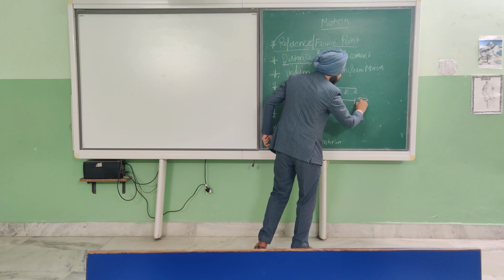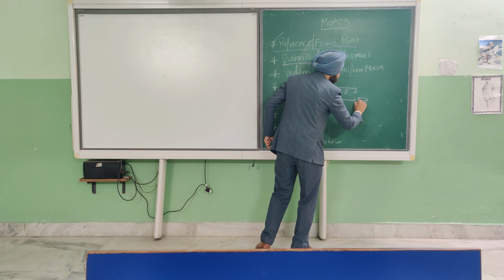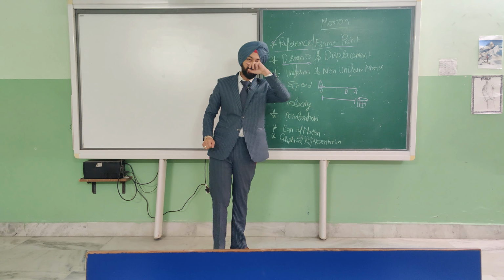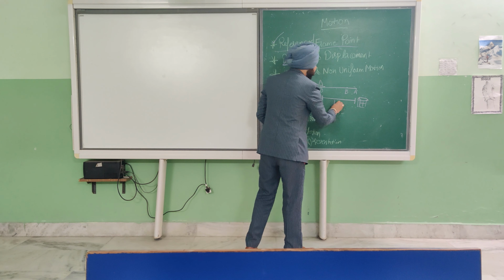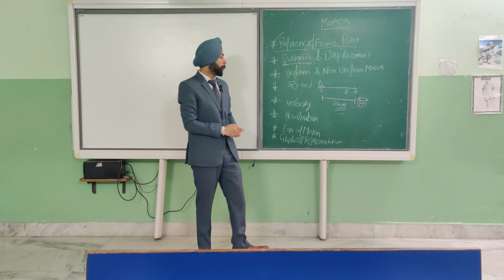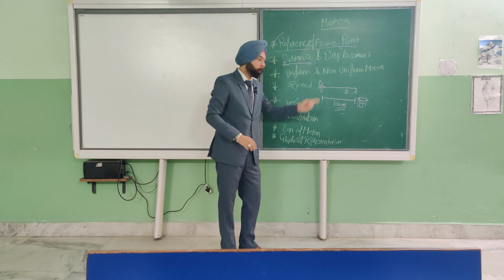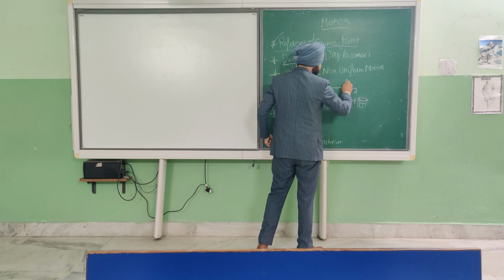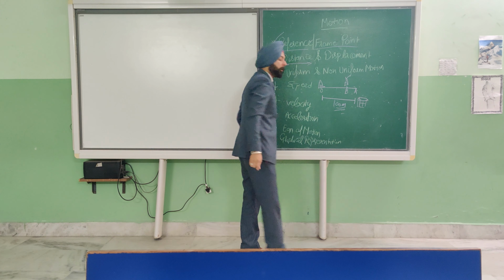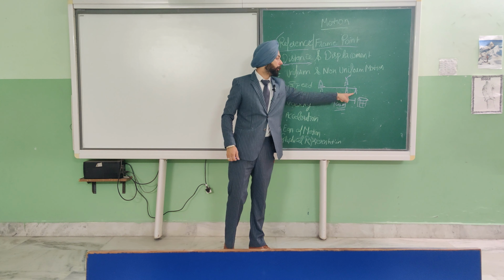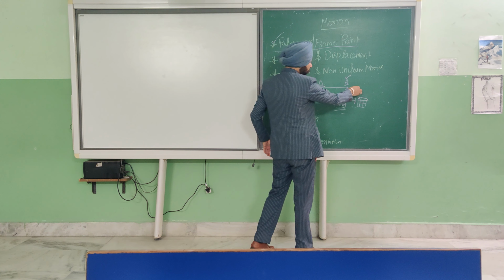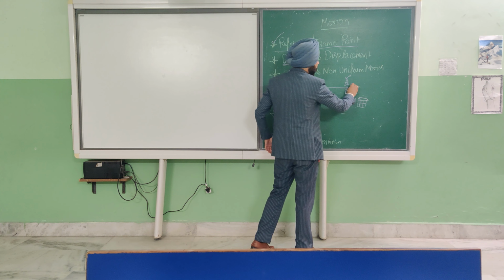There is a school here, we can say. आप अपने घर से स्कूल की तरफ आ रहे हैं, the distance is 100 meter. Suppose the distance is 100 meter. Now from school to shop, this one is at B point, the shop is here. The path between school and shop is 10 meter.